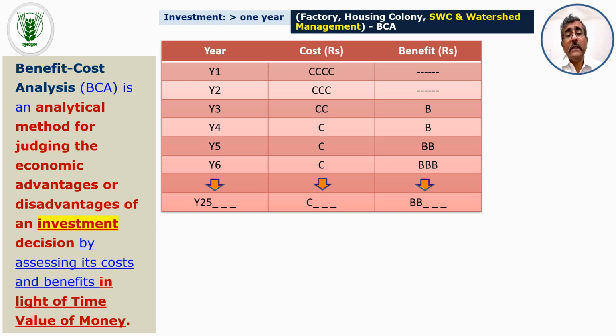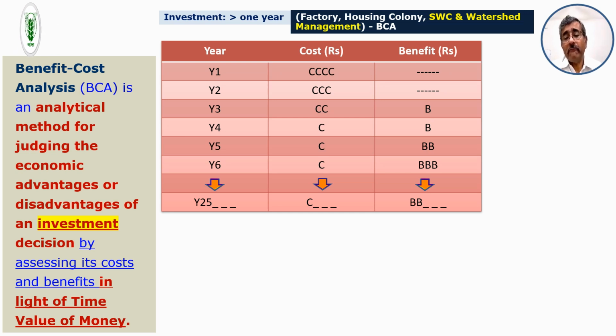This is because when we are setting up a factory or building a housing colony, there are establishment costs, or even for watershed management, there are establishment costs. So during the establishment period, there is no benefit, but as we go over the years, these costs are reduced, and finally we get only the operational costs, and the benefits start appearing.